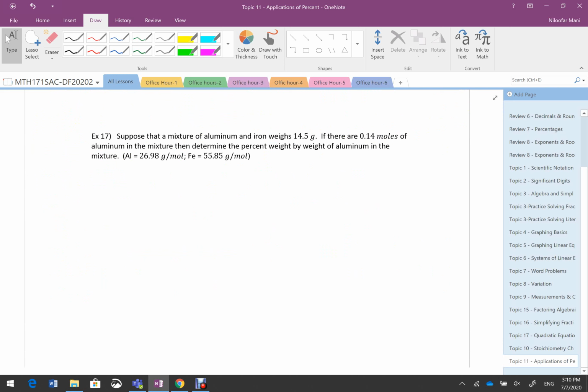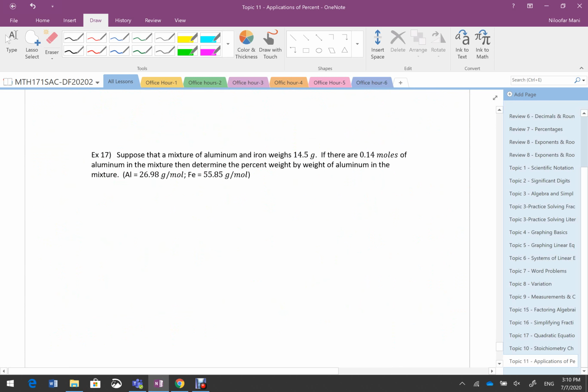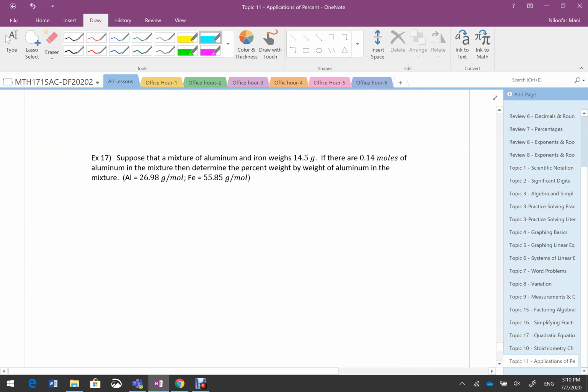Okay, so suppose that a mixture of aluminum and iron weighs 14.5 gram. So that's a mixture, that's total. So if there are this mole of aluminum in the mixture, then determine the percentage W by W of aluminum in the mixture.